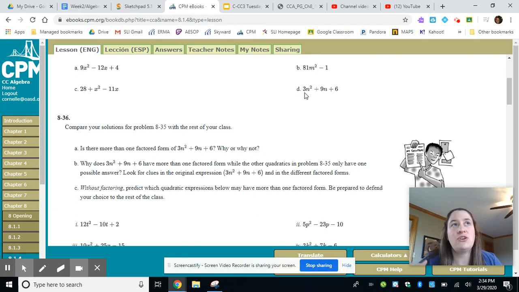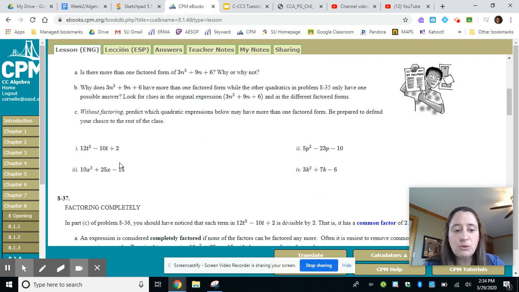It's kind of like if you have a fraction, let's say 6/12, and you tell me 6/12 simplified is 3/6. Well, that's true, but it's not simplified completely because you could still factor it more. It's not in simplest form until you get to 1/2. So while we can factor 3n squared plus 9n plus 6 and come up with different answers, it's not in the simplest form until we pull that greatest common factor out.